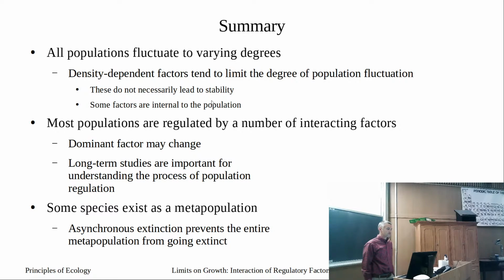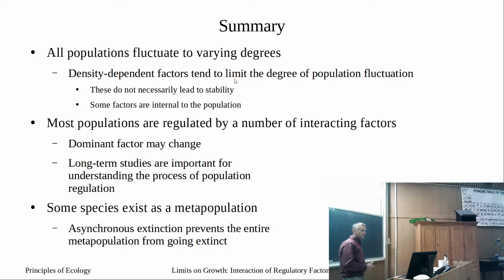We also talked about how density-dependent factors could include factors that are internal to the population. The classic density-dependent factors were competition or predation, where the number of individuals in our population impacts the degree of competition that we have. Well, we also have things that are internal to the population. We talked about territoriality as a mechanism, and the social stress hypothesis.